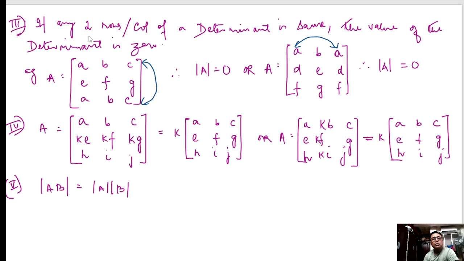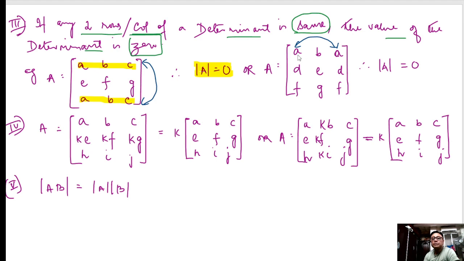Next, if any two rows or columns of a determinant are the same, the value of the determinant is 0. For example, here this row and this row are the same, so the determinant's value will be 0.